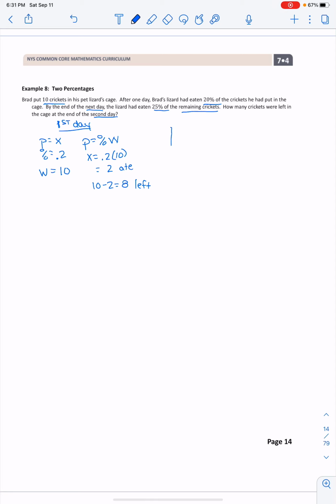So now for the second day, okay, we have P, percent, W. Our whole now is, on the second day, he only started with 8 crickets.